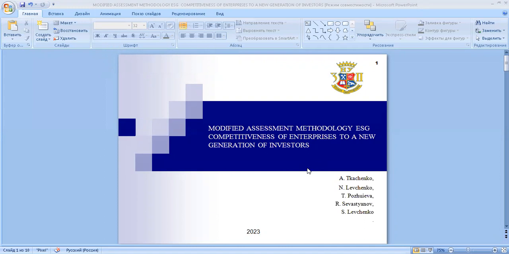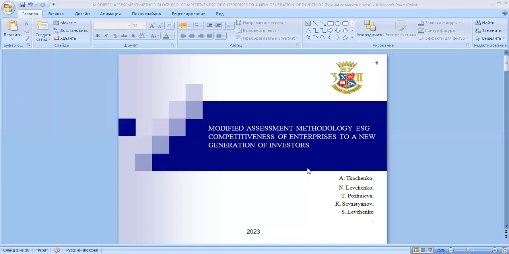We take into account the requirements of the European Union taxonomy regulation, the CSRD, and stakeholder requests for information support for assessing ESG risks and ESG competitiveness of enterprises. And the author's methodology for integral assessment of ESG competitiveness of metallurgical enterprises is based on the synthesis of integral and reference approaches to assessing the homeostasis of competitiveness.